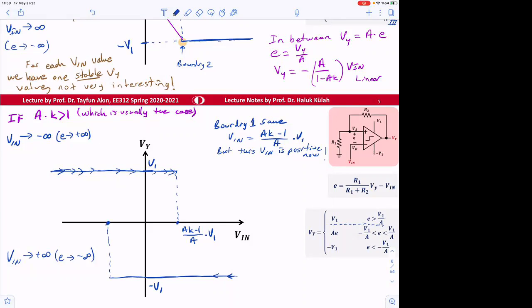So this value is going to be minus AK minus 1 divided by A times V1. So this is very interesting.